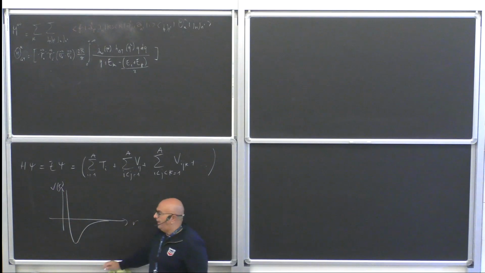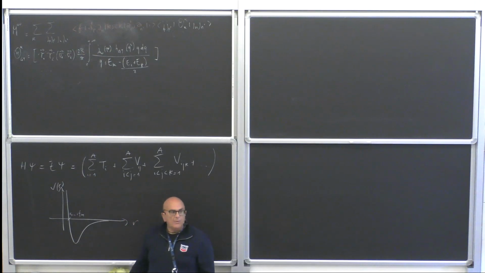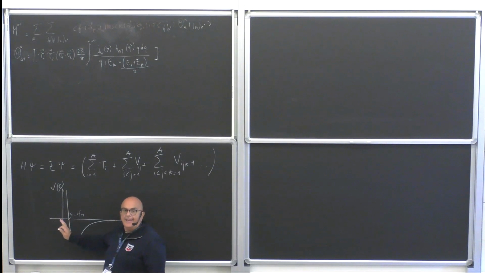You have a short-range region, approximately 1 Fermi, where you have a very strong repulsion. This is something that makes your life very hard.